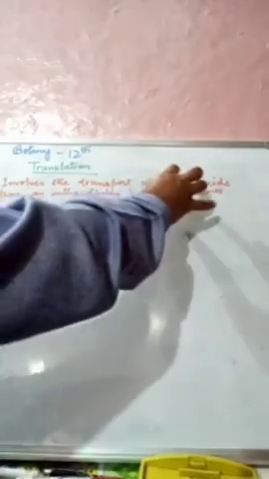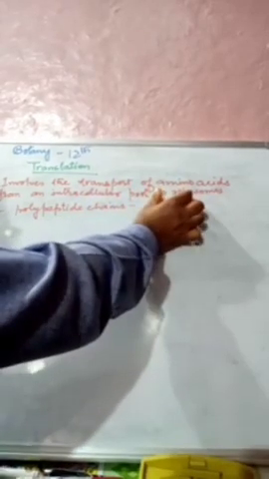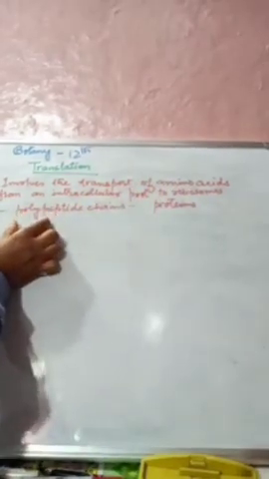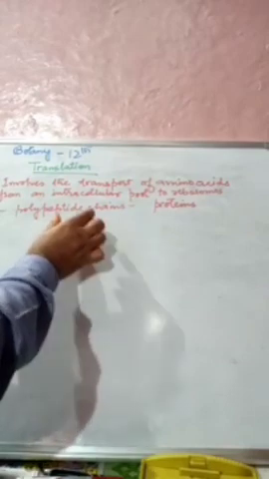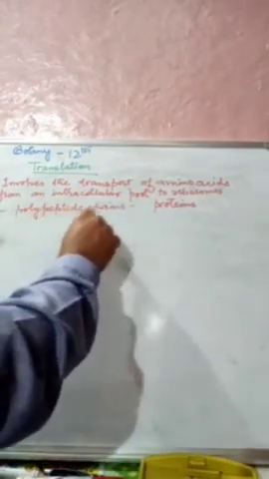Now simply, we say that these amino acids are somewhat scattered in the cell, and they are taken from the cytoplasm to the ribosomes, where they are assembled into polypeptide chains, which in turn are assembled to form proteins.